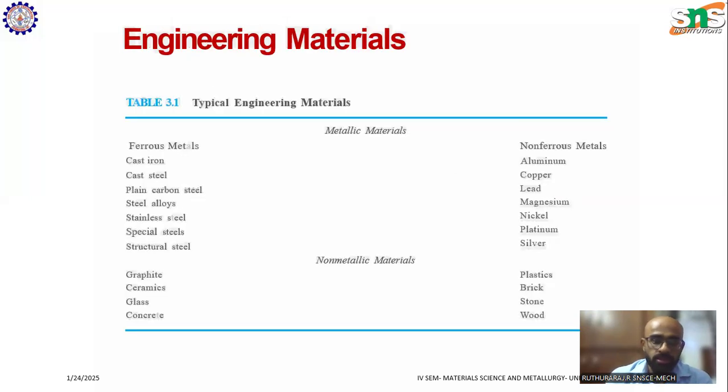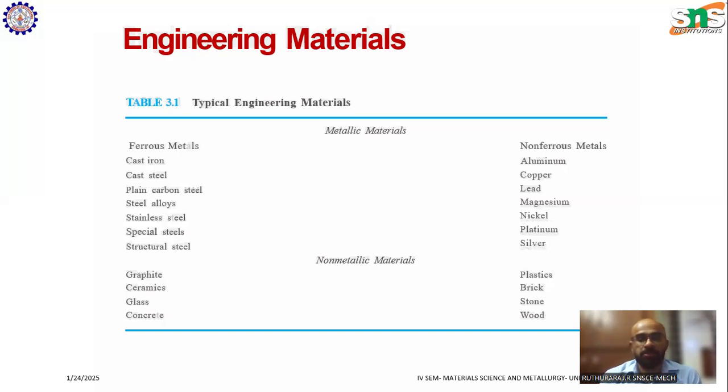Next we will discuss the various engineering materials available. Ferrous metals include cast iron, steel, plain carbon steel, stainless steel, etc. Basically, iron and alloys of iron are called ferrous metals. What is an alloy? An alloy is a homogeneous mixture of various elements.